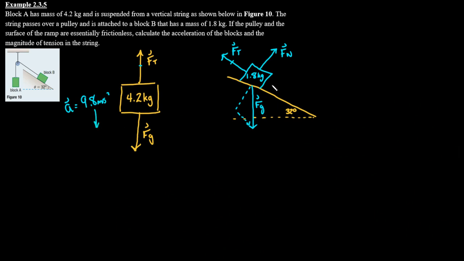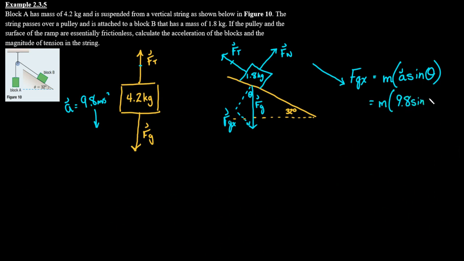For this block, if there was no force of tension, okay, we know it's going to come down the ramp in this direction. Why? Because of the force of gravity here. Okay, and if we look at it, the one force that's going to act in that direction is the force of gravity in the x direction. So if you think about force of gravity in the x direction, the mass hasn't changed. What's now changed is the acceleration rate, which is now a sine theta, which means that you're looking at 9.8 meters per second squared times sine theta.